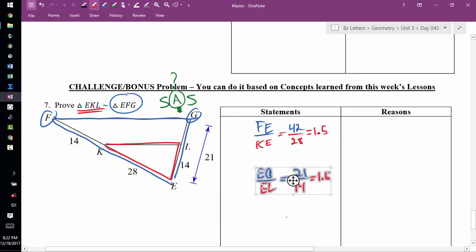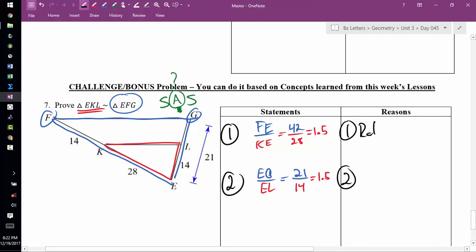Because that's something I can do. I'm confident in this. So do as much as you can. My reason for writing these things is the ratio of corresponding sides. Okay?